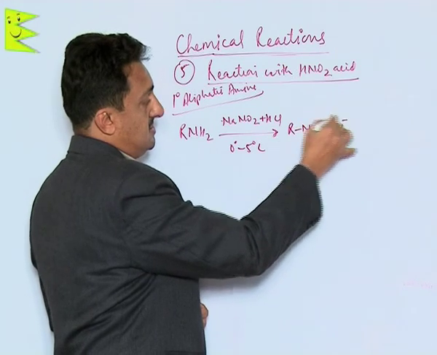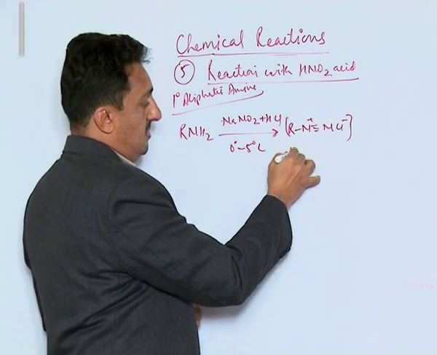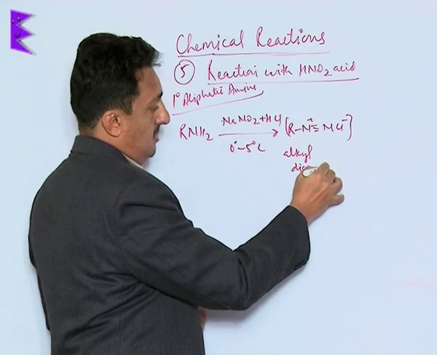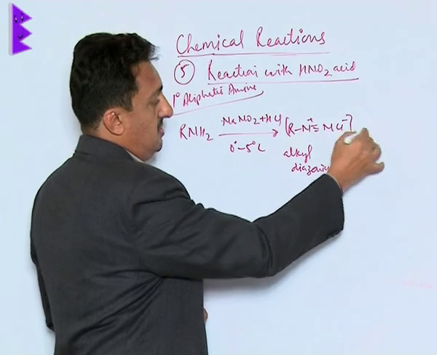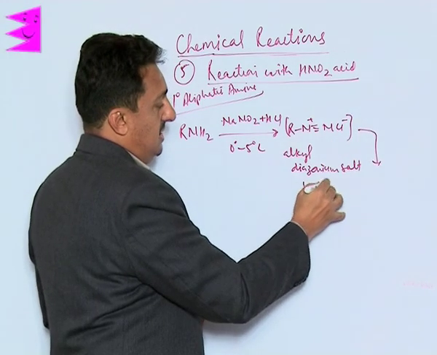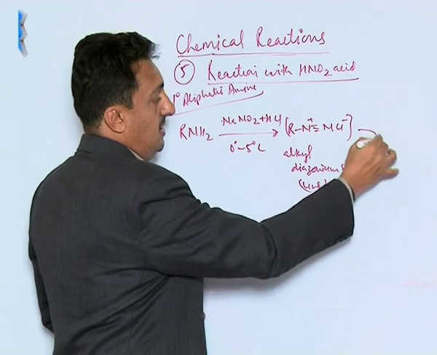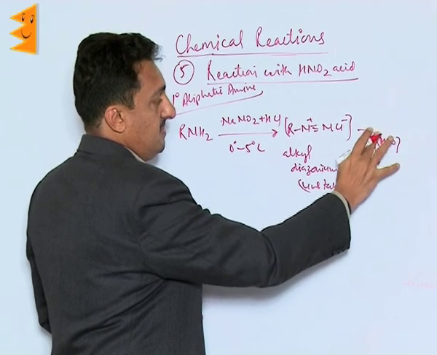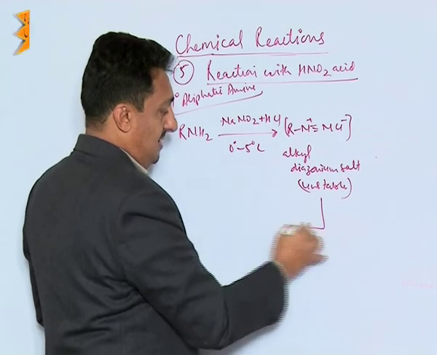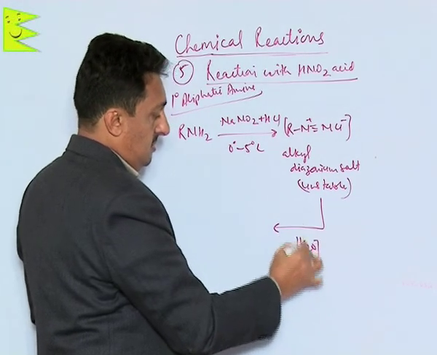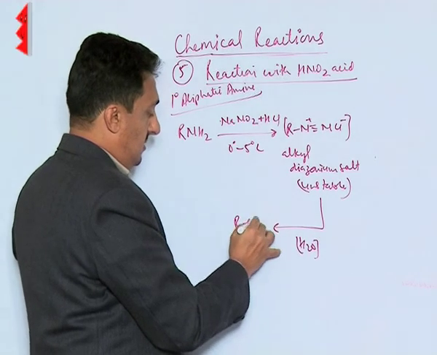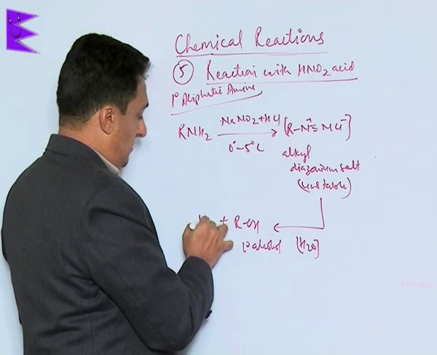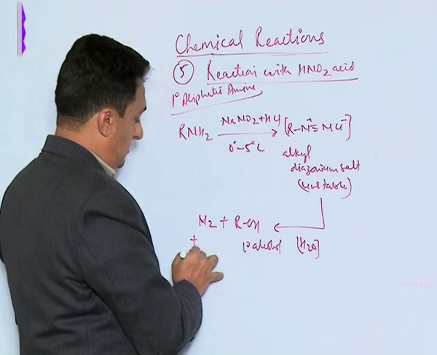We get, remember, alkyl diazonium salt, which is actually unstable and undergoes hydrolysis, and it gives primary alcohol plus nitrogen plus HCl.